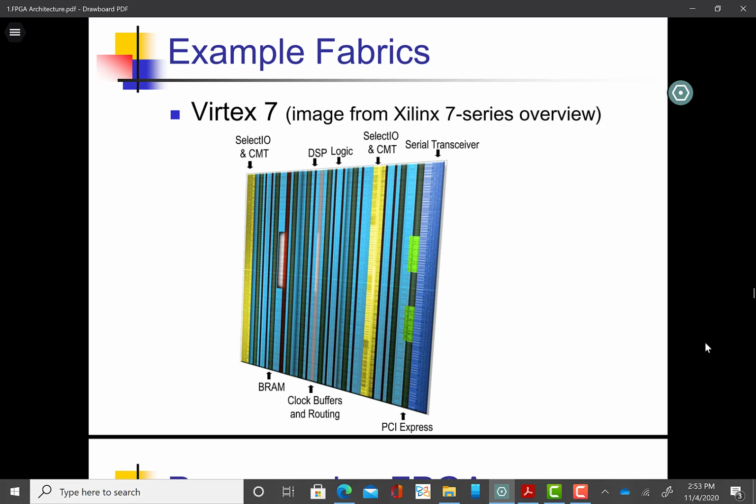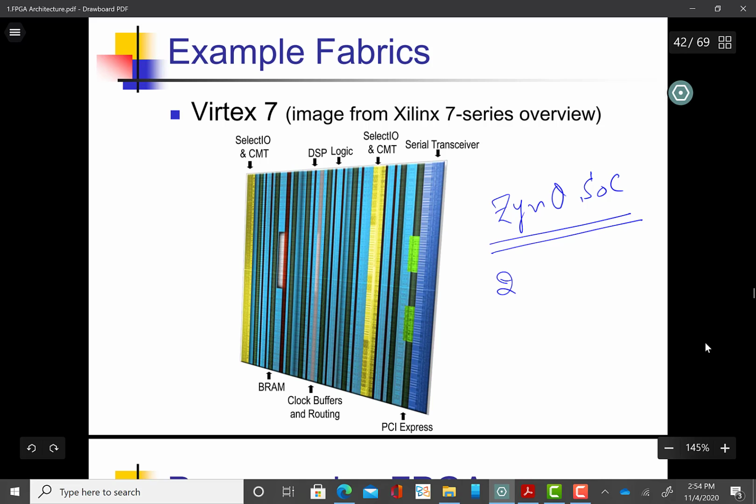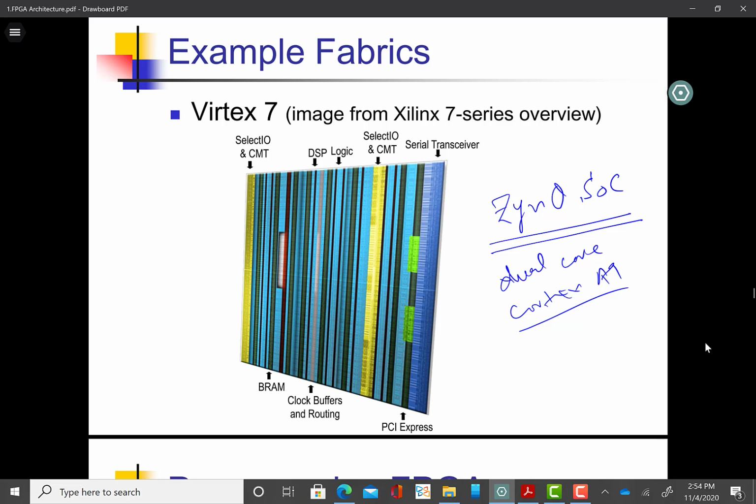Nowadays there are complete processors that reside on one side of the FPGA fabric. For example, the Zynq SoC, where SoC stands for System on Chip, has a dual core Cortex A9 processor on one side, and this was introduced in, I think, late 2012.